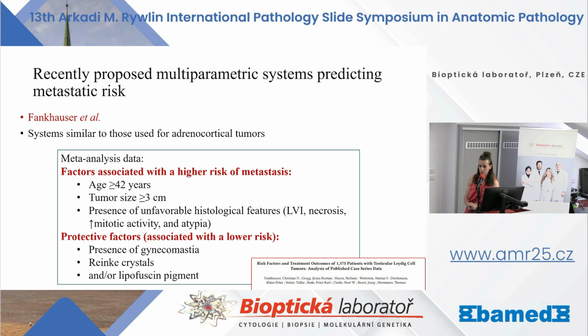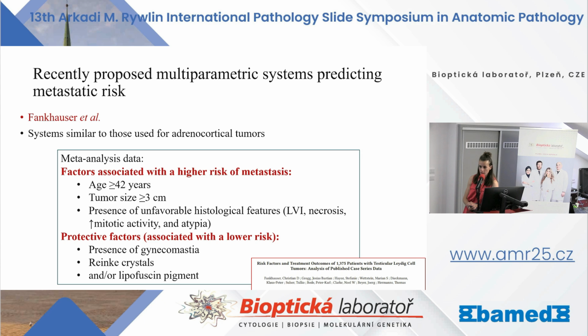And it is age more than 42 years, tumor size more than 3 centimeters, and the presence of unfavorable histological features, which are the same as the traditionally accepted adverse histopathological features.